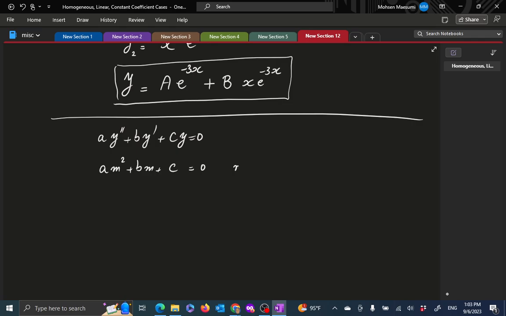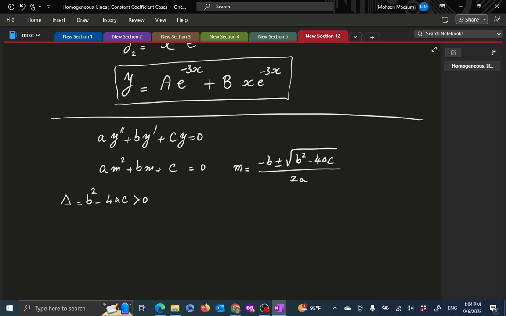The auxiliary equation gives us two answers, minus b plus or minus radical b squared minus 4ac, divided by 2a. b squared minus 4ac is sometimes referred to as the discriminant of your quadratic, sometimes shown by the letter delta.